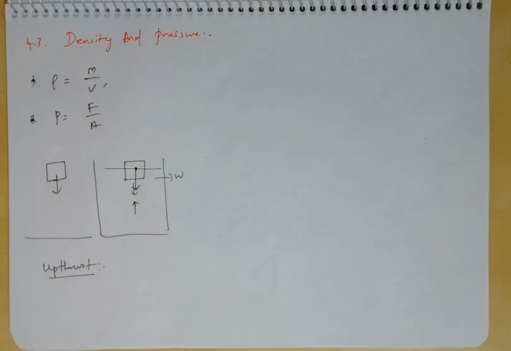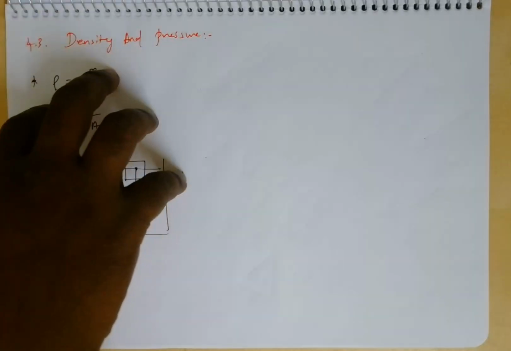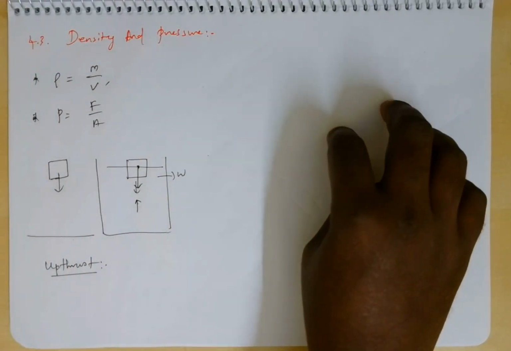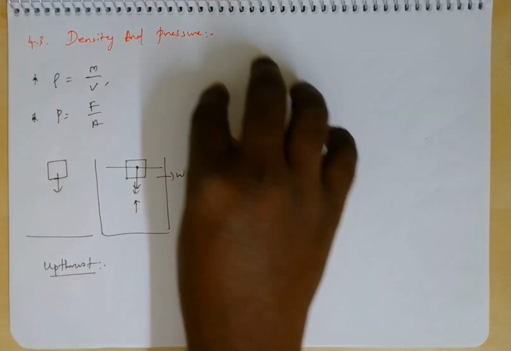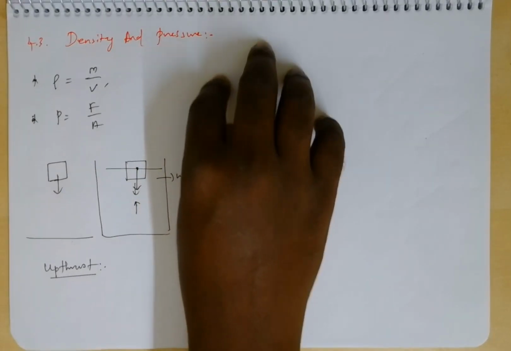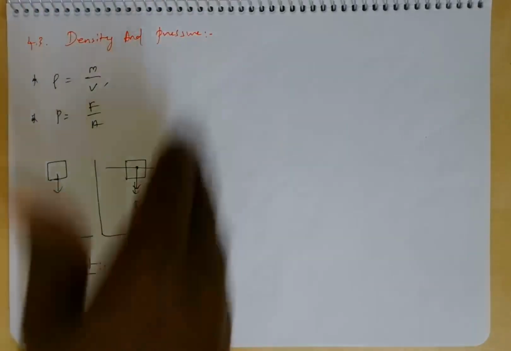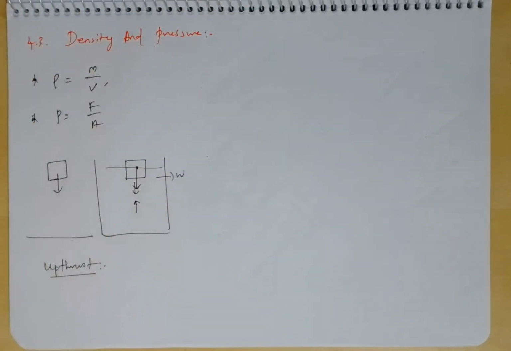A ship will experience the same upthrust if it moves 5 kilometers in the sea. But if you take a submarine and sink it, then upthrust is greater. So upthrust is with respect to vertical motion in the liquid, but drag is there everywhere.